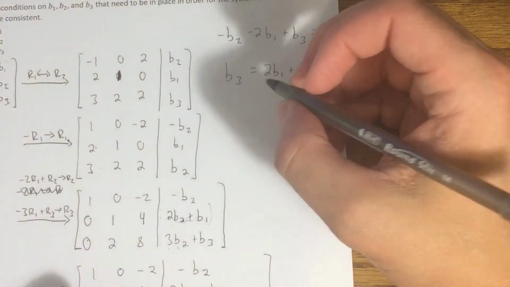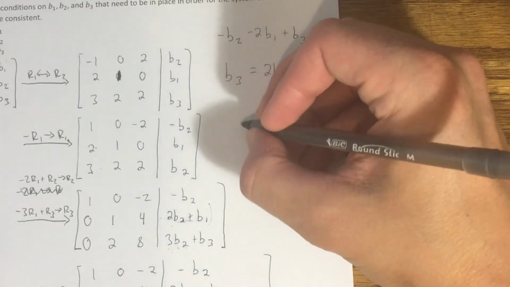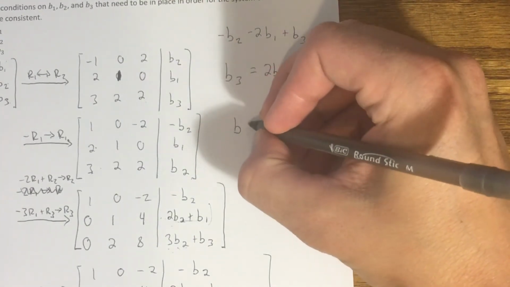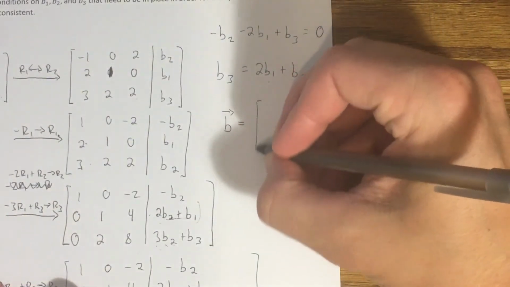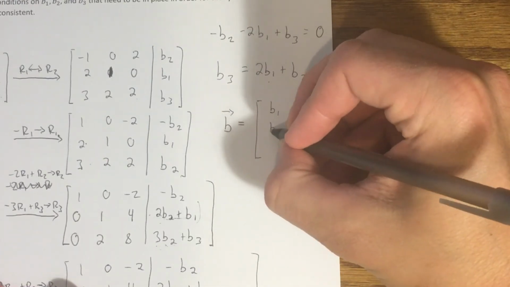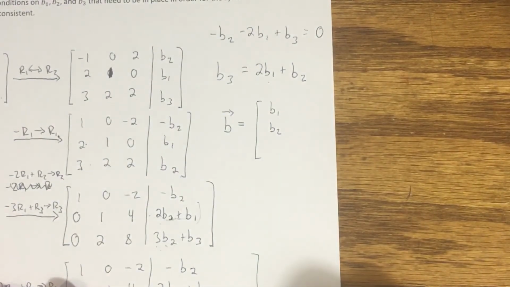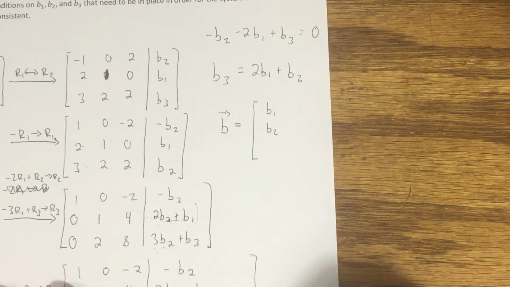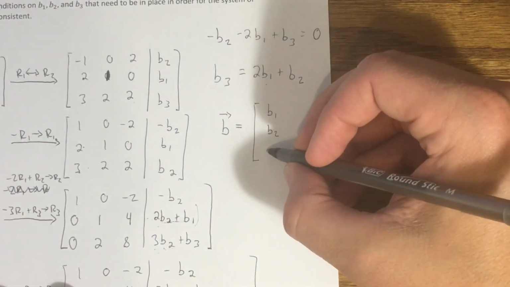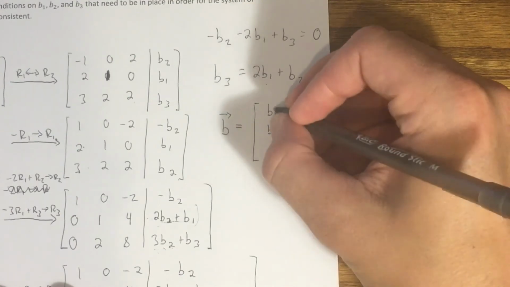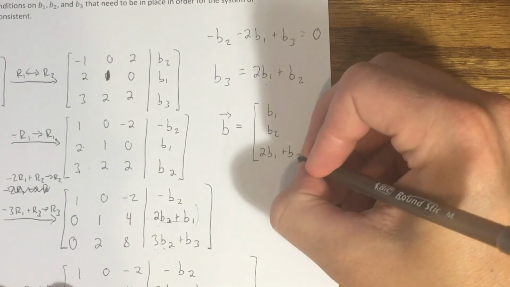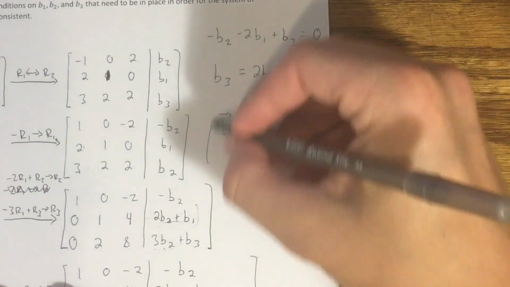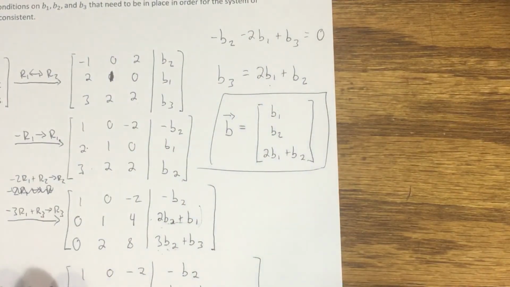So in order for this system to be consistent, the vector b, representing this column right here, has to be of this form. b1 and b2 can be whatever they want to be. We think of that as like parameters in a parametrized solution set. But b3 has to relate to these two this way, 2b1 plus b2. Okay, and that is what we were looking for.